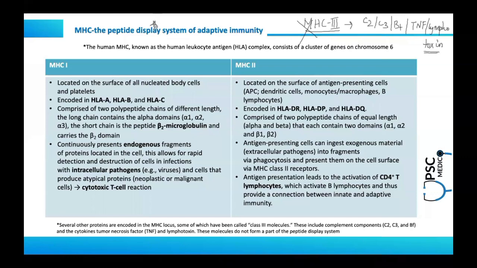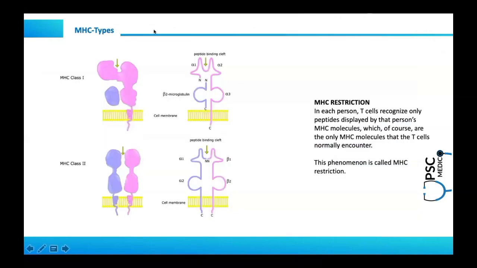But what you need to remember, your take home, is that MHC3 does not take part in peptide display. Rather, it has some complement and also cytokine production. Both complement components and cytokines are produced by the MHC3 genes which are present on chromosome 6.